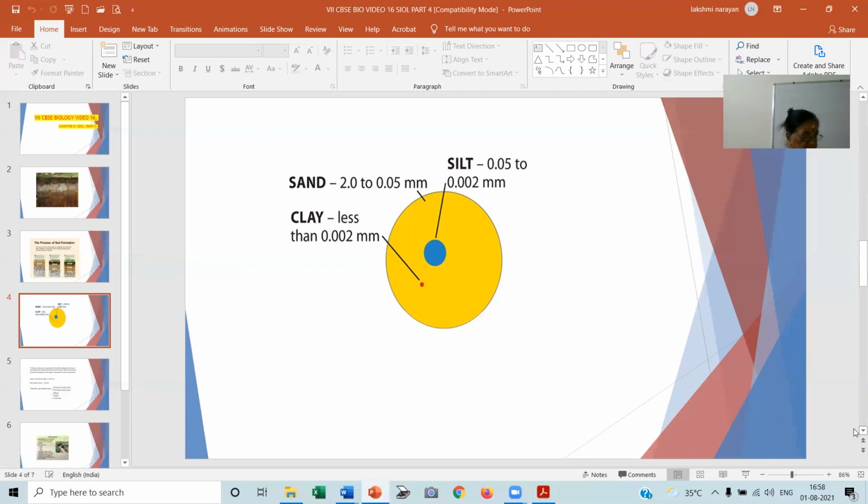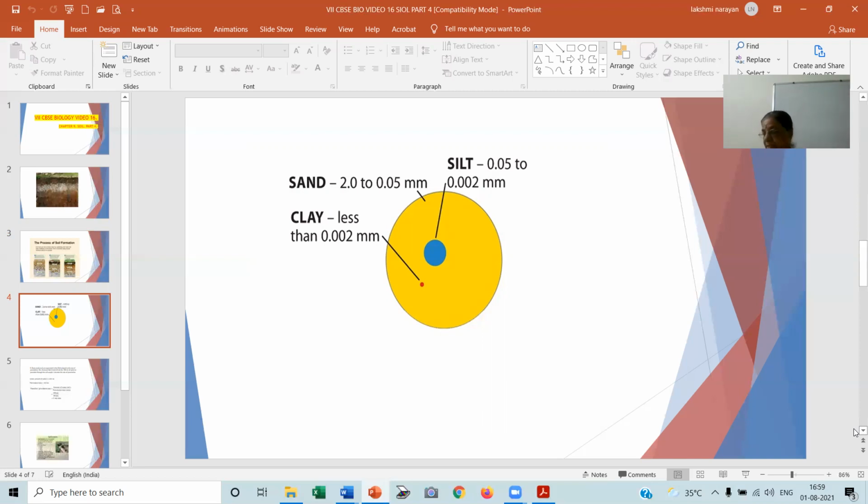So gravel is 4.75 to 80 mm, sand is 2 to 0.05 mm, silt is 0.05 to 0.002 mm, and clay is less than 0.002 mm.